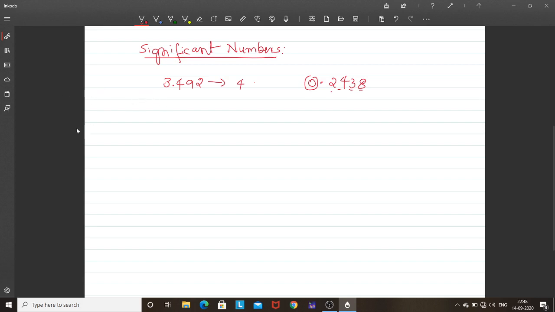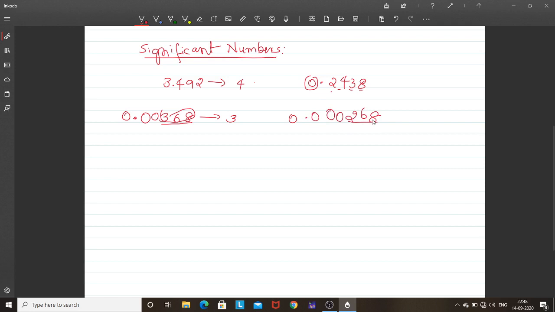If I take one more example, 0.00368, how many significant digits do you have? Here you have only 3, because we are not counting the zeros before or after the decimal point. We have only 3 significant digits. Similarly, if we take 0.000268, how many digits are there here?